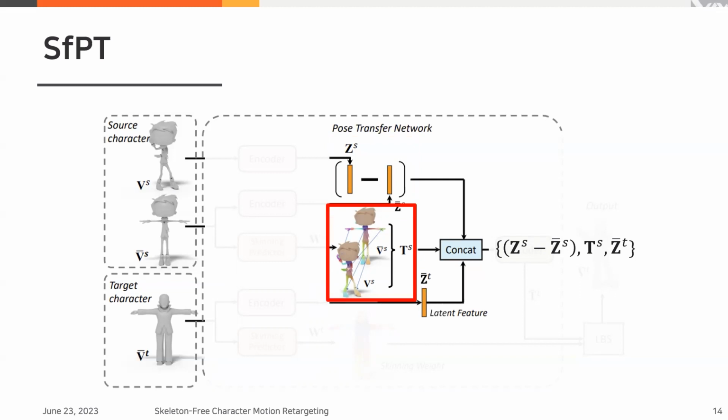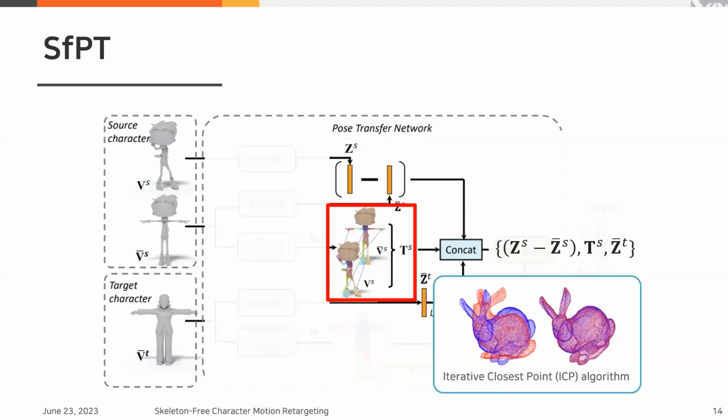And the vertex transformation matrix between the pose mesh and rest mesh is computed to help the network focus on estimating residuals. This can be computed with the iterative closest points algorithm that finds the transformation matrix that minimizes the distance between corresponding points.